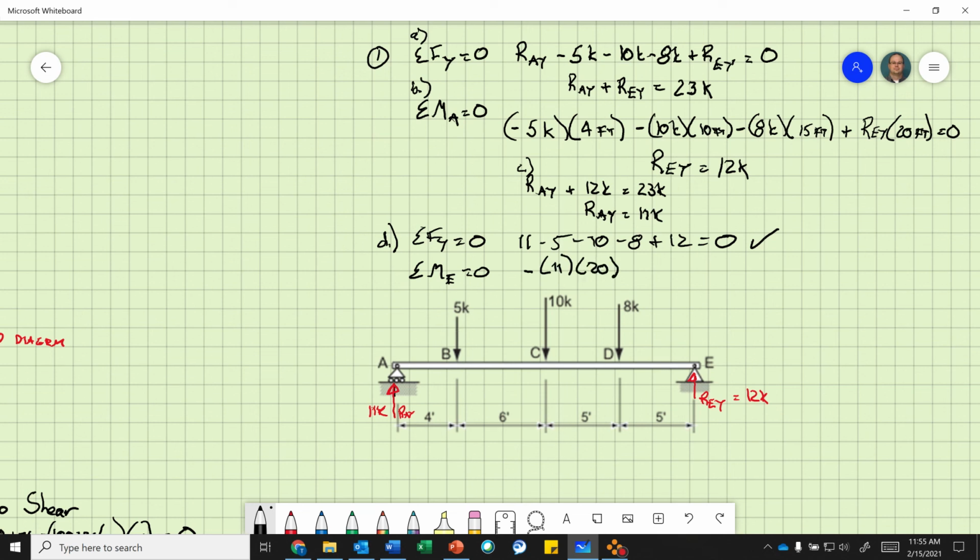Now all these point loads are all going counterclockwise, so those are all positive rotations, plus 5 times, we got 6 plus 5 is 11, plus 5 is 16, plus 10 times 10 plus 8 times 5 equals 0. Let's see if that's true.